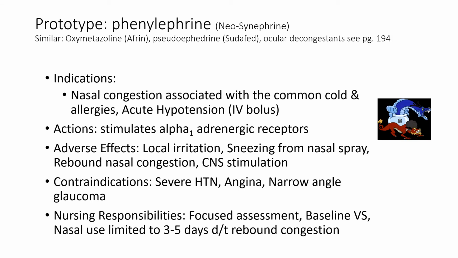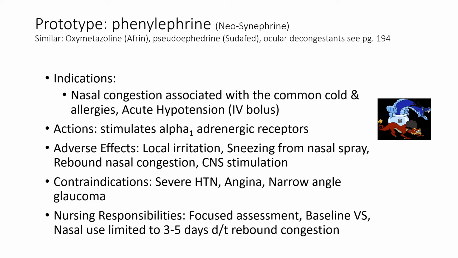Okay, so phenylephrine, just another sympathomimetic. And what do we use this for? Well, we always ask ourselves, which receptor does it work best on? Having studied all these drugs in the lab for decades, we know which receptors they like the most.